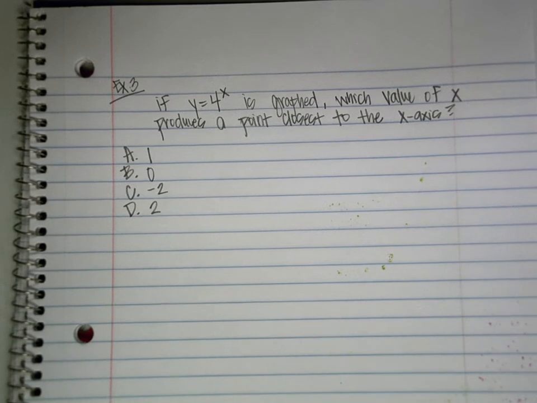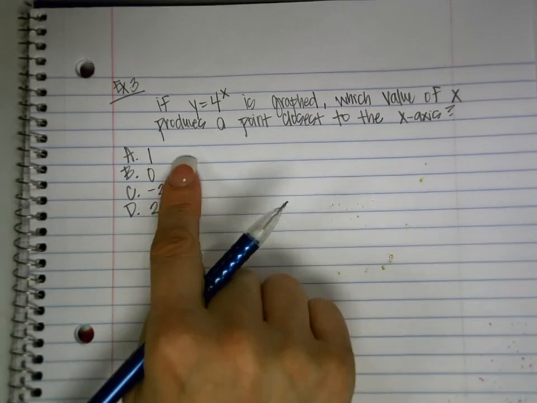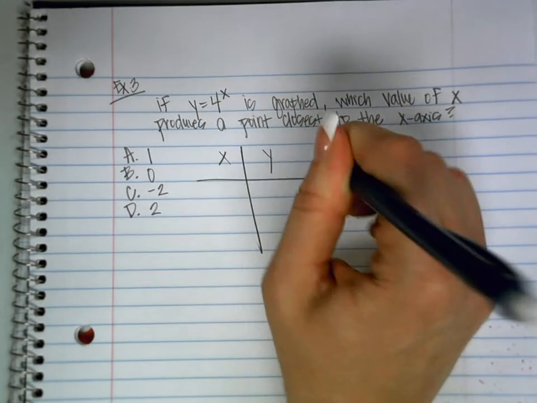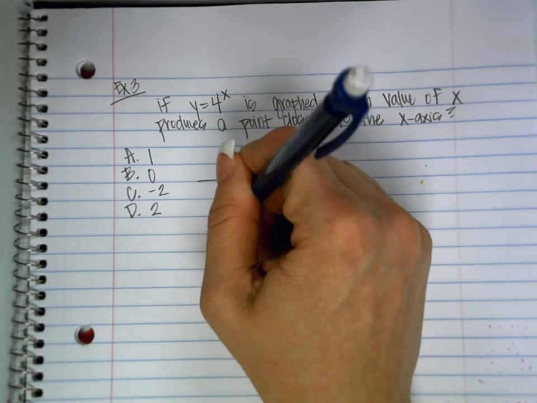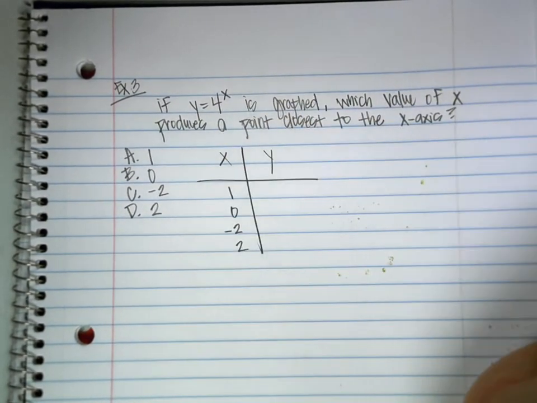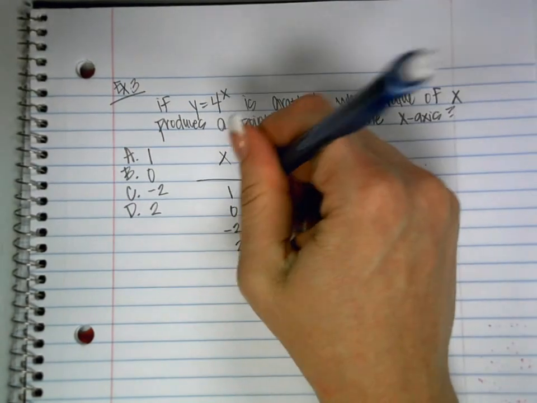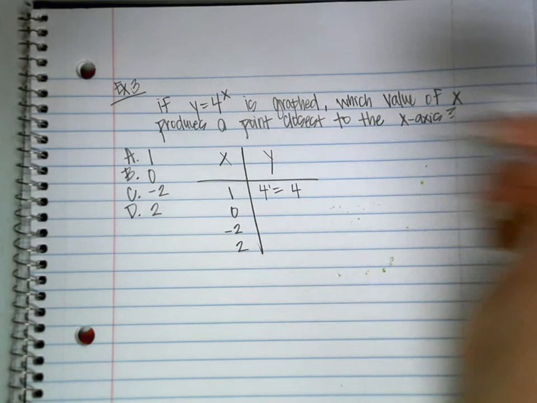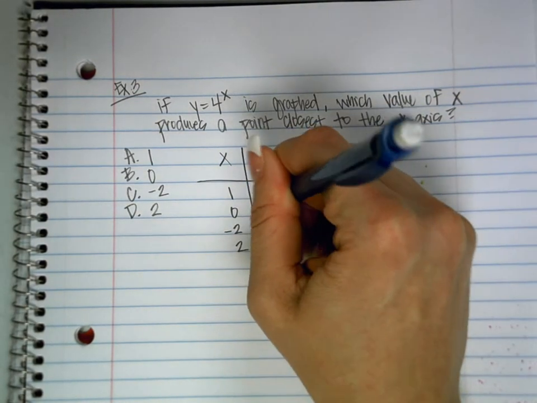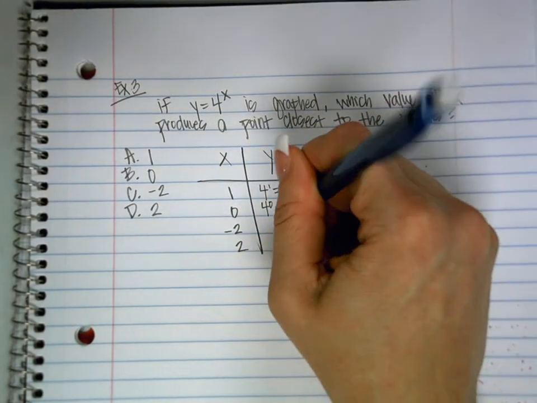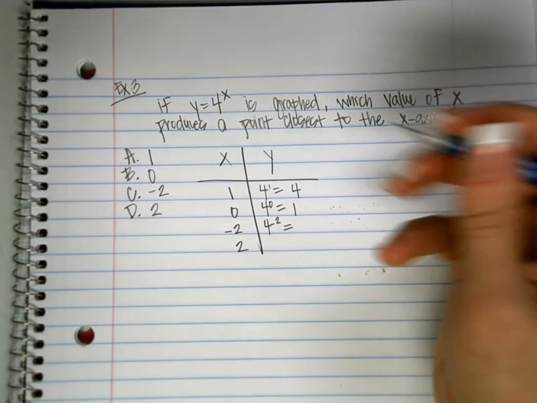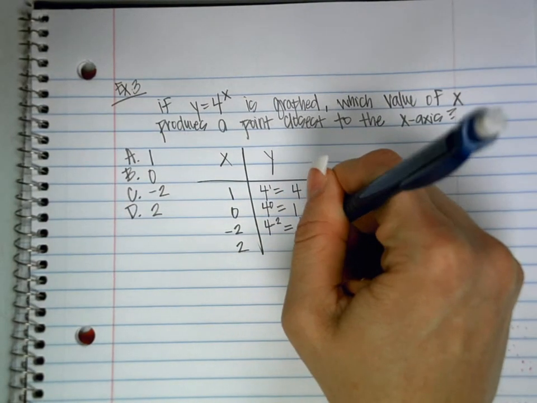You can plug them in. Let's make a little XY table. If I plug in 1, 0, -2, +2 into 4 to the x, 4 to the first gives you 4. 4 to the 0 equals 1. 4 to the -2 equals 1/16.